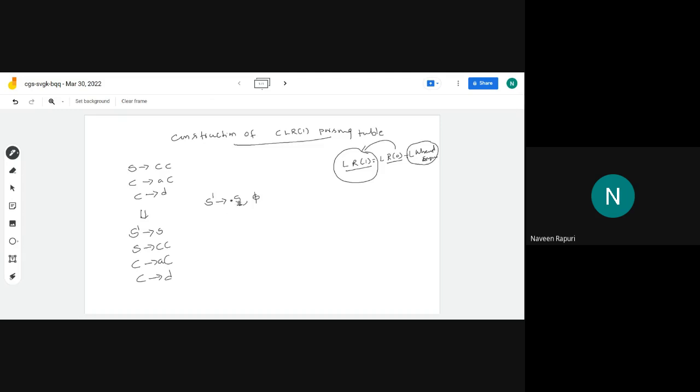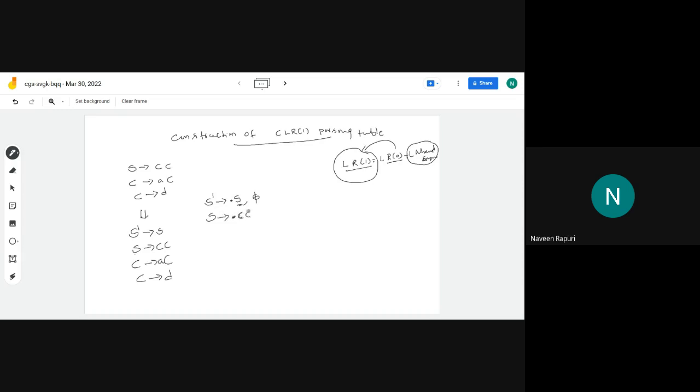For that, I need to add all the productions of the non-terminal which is immediately followed by the dot. So I need to consider the productions of S. Here I have S derives CC, so S derives dot CC.